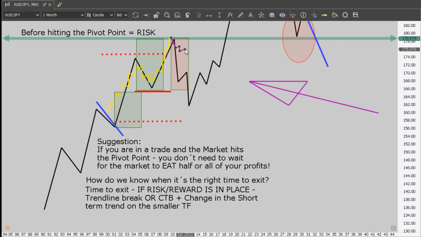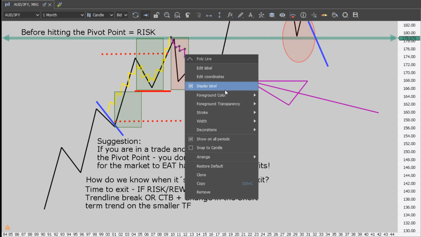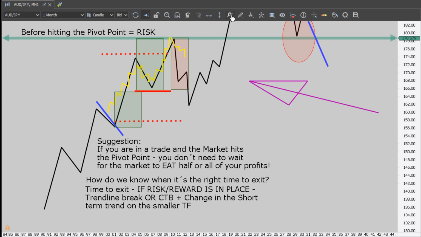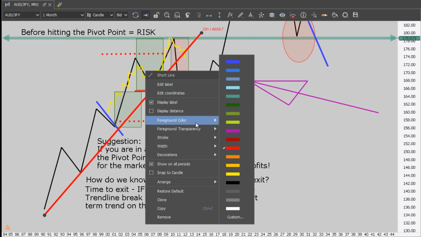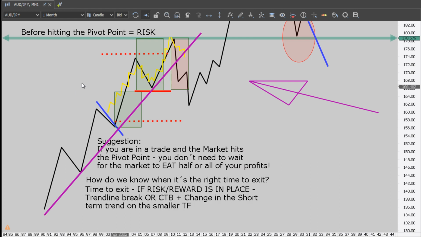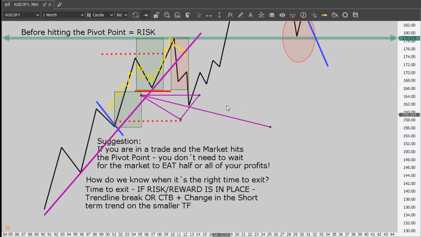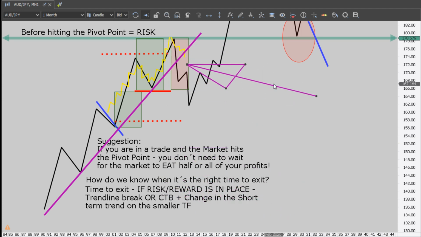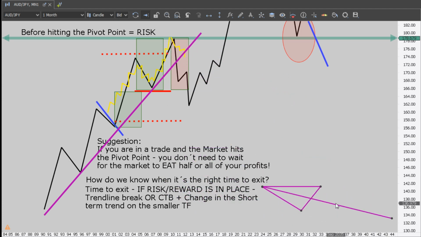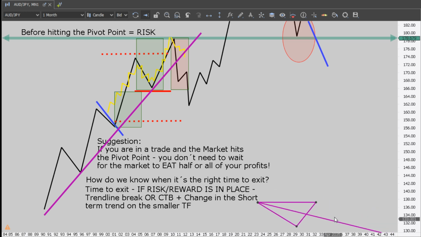As soon as the market hits the pivot point, let's make this in pink, and you see the market breaking this uptrend line or the counter trend line, and also the change in the short-term trend, those are the two metrics that must be in place.